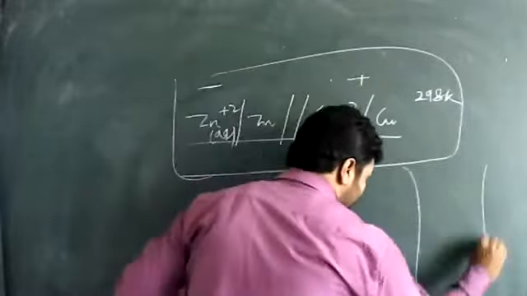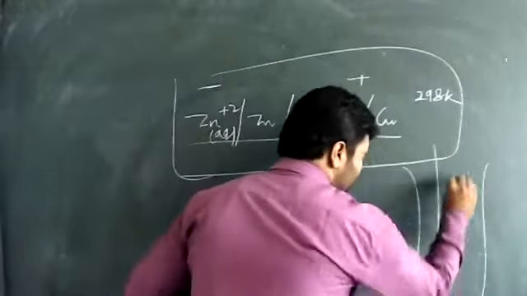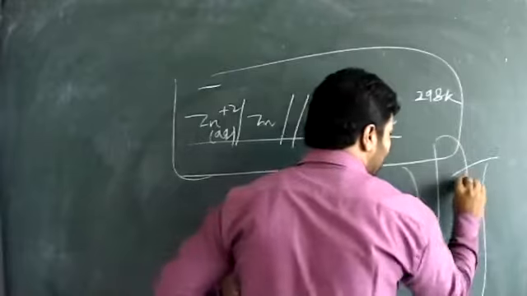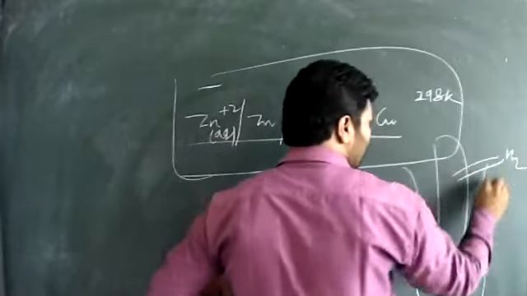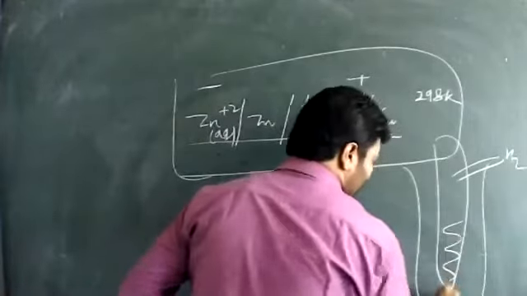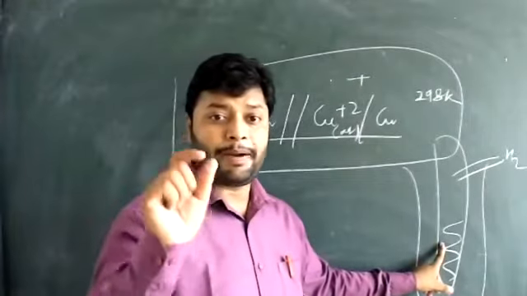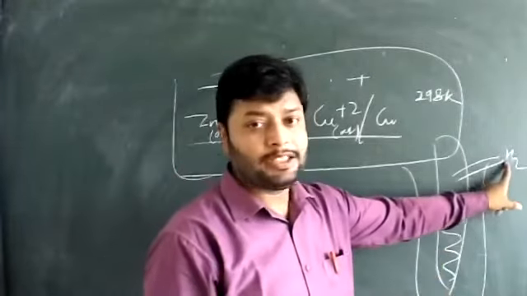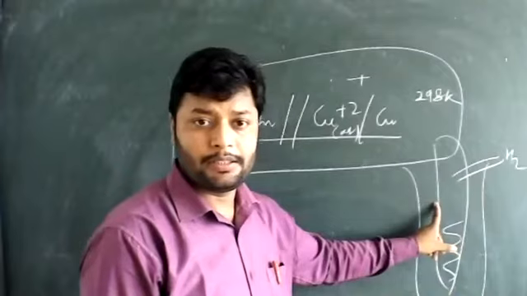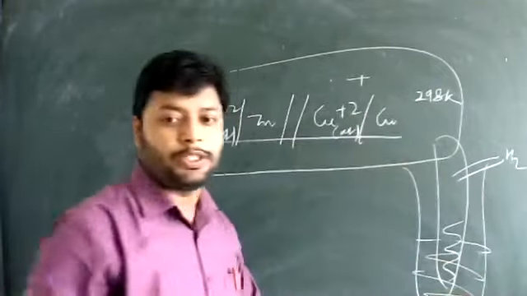Suppose we have a solution where hydrogen gas is passing through the platinum electrode. This is a platinum electrode plated with platinum black, a fine particle of platinum. We are passing hydrogen gas to it, and here the solution is a 1 molarity solution.